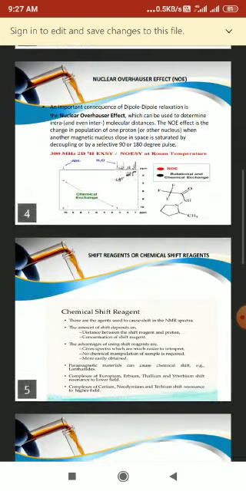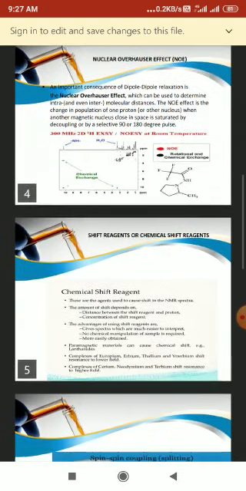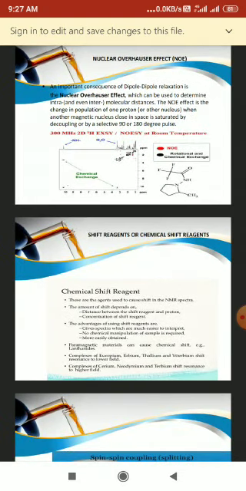Now we will see the next content, shift reagents, which are also called chemical shift reagents. Lanthanide series of elements are used as shift reagents. A lanthanide ion can increase its coordination number by interacting with unshared electrons.